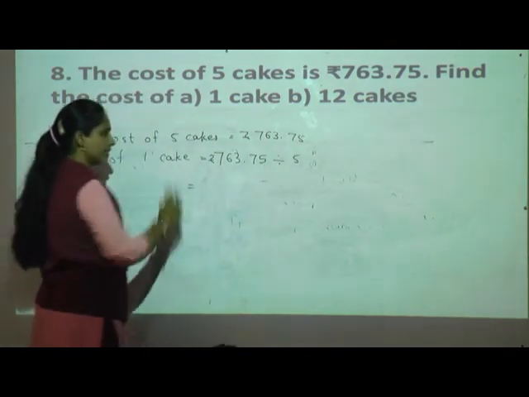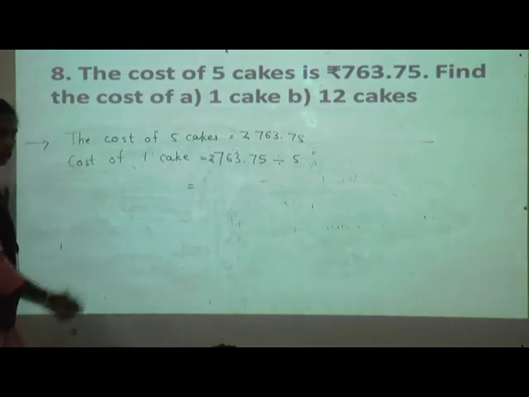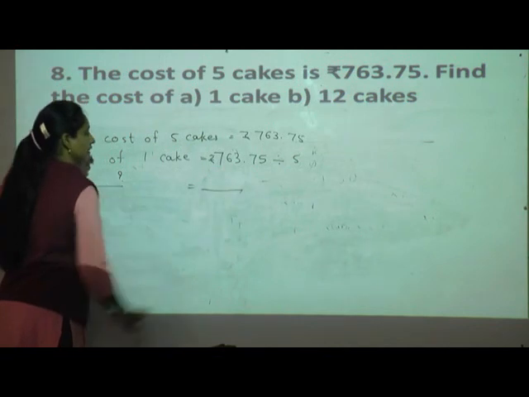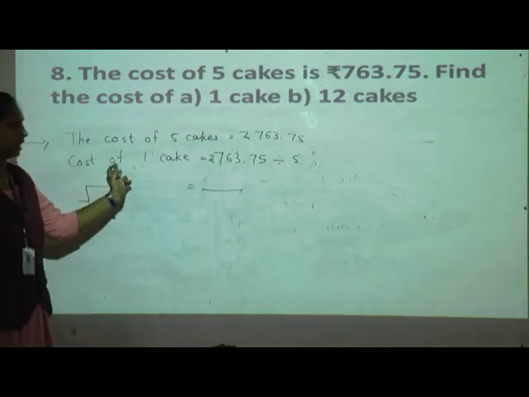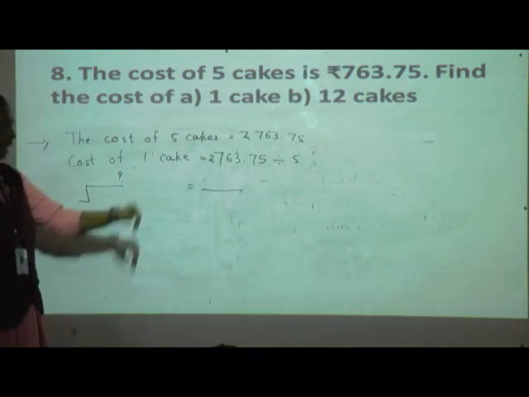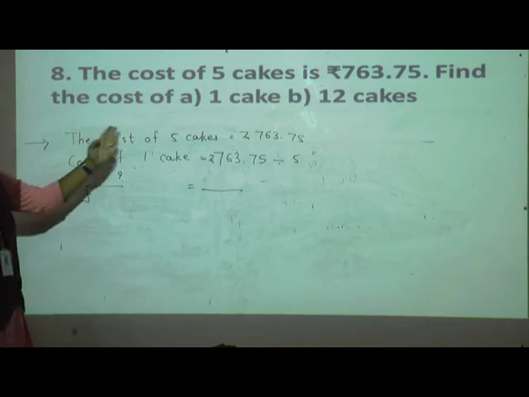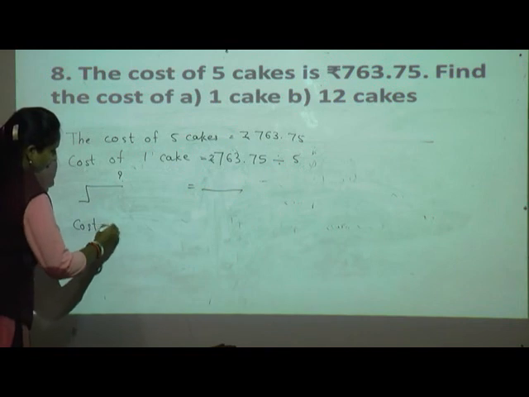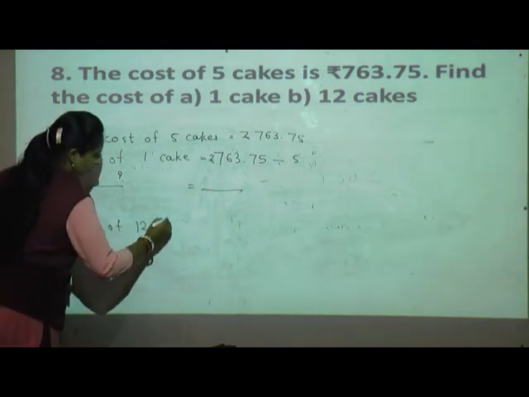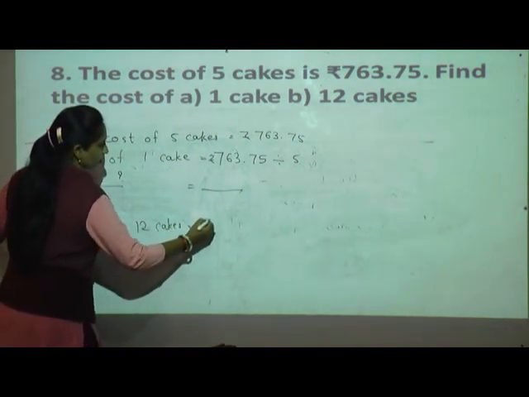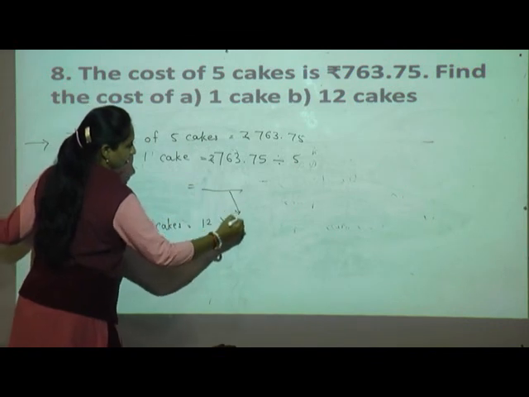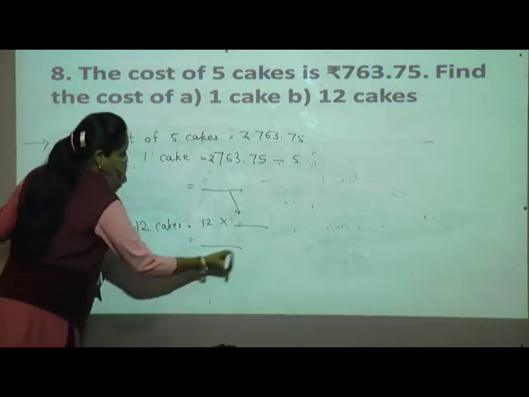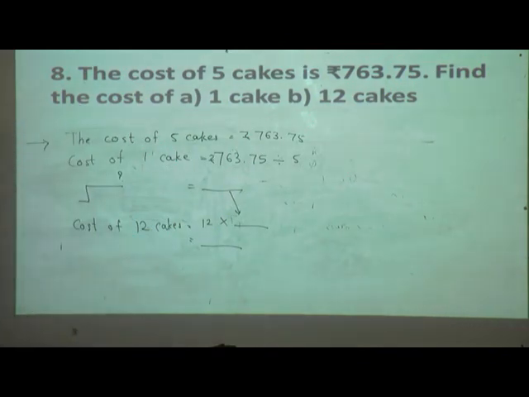Remove the decimal point, do the division. Okay, so whatever answer will come here, that will be the answer of 1 cake cost. Then to find out the cost of 12 cakes, it is equal to 12 multiplied by this answer. Then you will get the final answer. Clear?